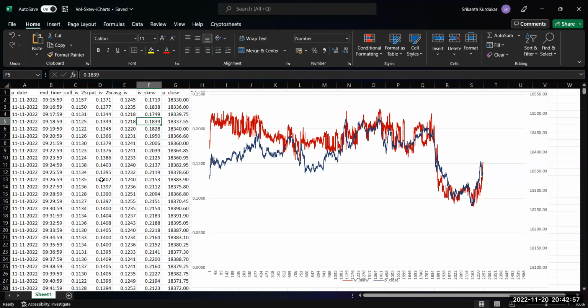Basically, it's the put IV of 25 delta versus call, the difference as a percentage of the at the money IV. This is what we are plotting here.